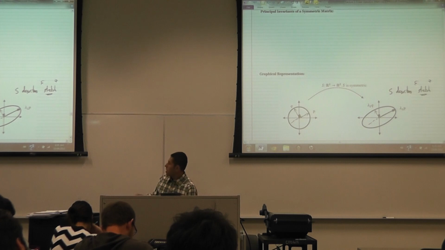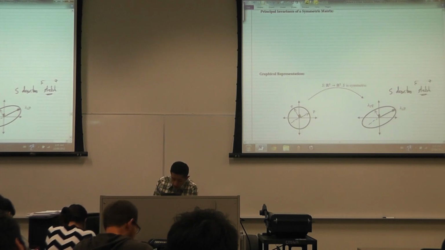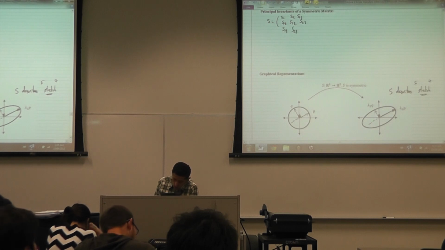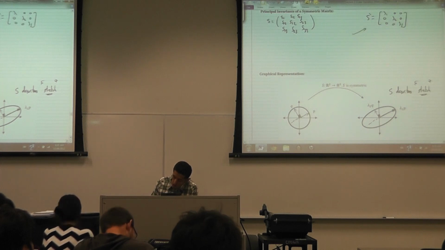Since the invariants of a matrix do not depend on the coordinate system, for this coordinate system it's better to calculate the invariants in this coordinate system.